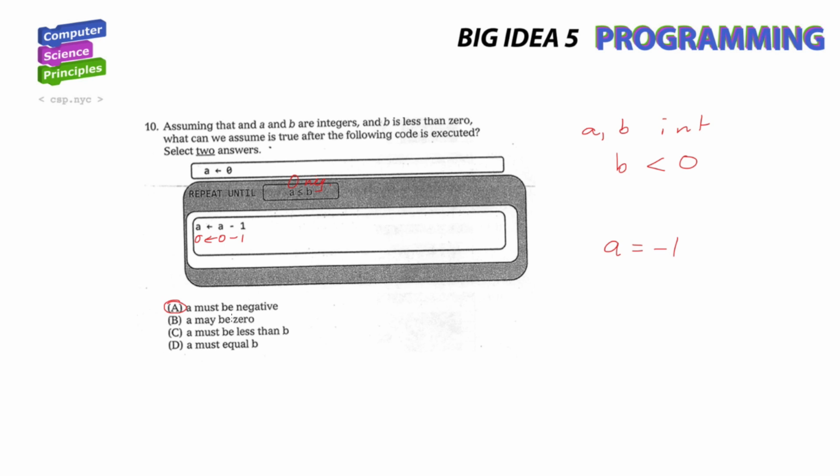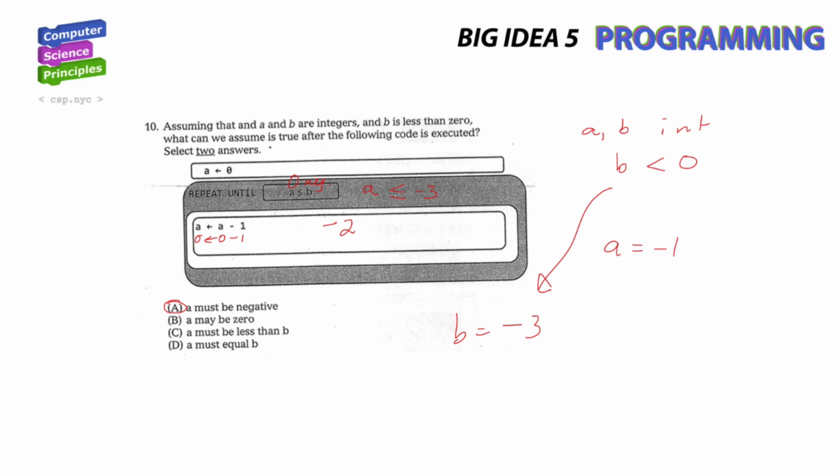And then if we keep thinking about this, at what point will it stop? Let's just make an example that b is negative 3, because it's possible. We know it's less than 0. So if b was negative 3, we're dealing with a situation where this will stop when a is less than or equal to negative 3. Well, let's say that a was negative 2.